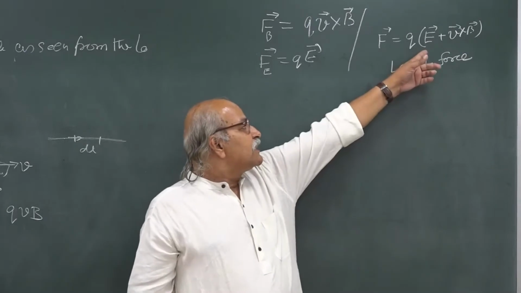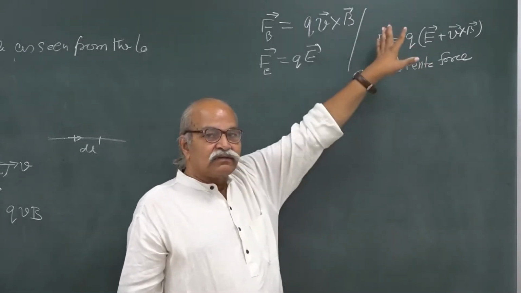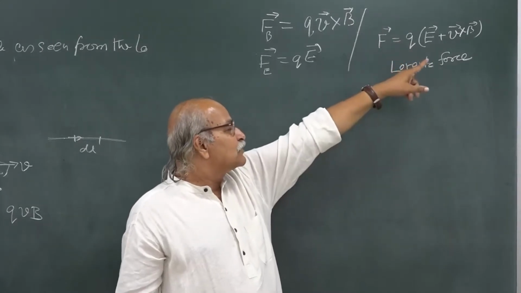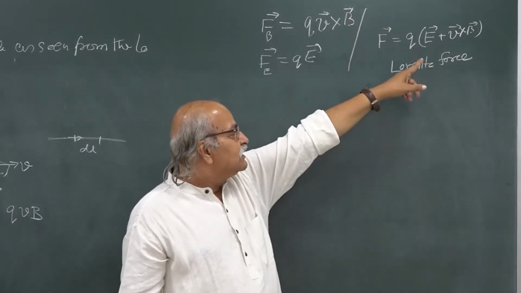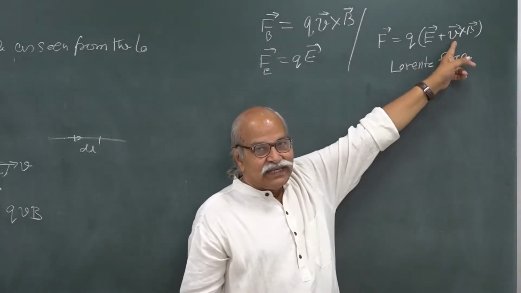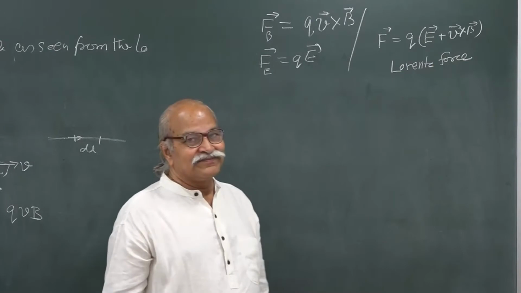So, an electric field can exert force on any charge, moving or not moving, and that will be q times E, but the magnetic force will only be there if v is not 0, if the charge is moving, and then this is the expression.